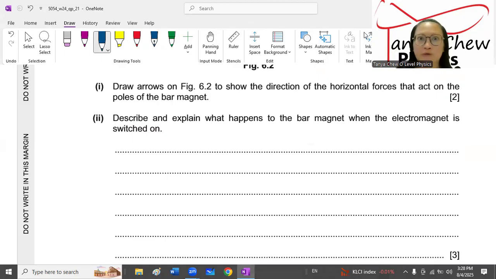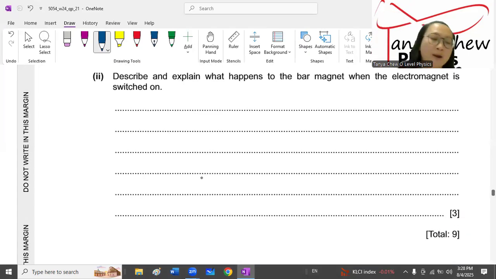So due to the interaction between the two magnetic fields, it gives rise to a magnetic force. Right. So the magnetic force will cause the bar magnet to turn in anti-clockwise direction. That is what I'm going to explain here. So I would say what happened to the bar magnet.